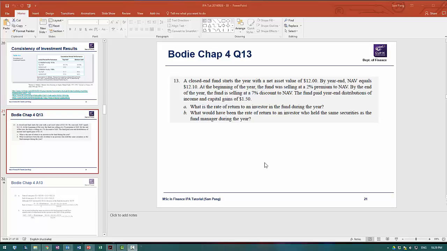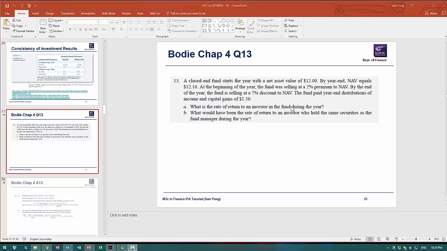This $12 means at the start of the year, if you take all the assets and really put them under the sun, they are worth $12 per share. At the end of the year, if you were to do the same, they are now worth $12.10. That's the true fair value, true market value.